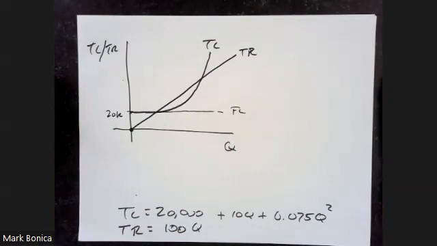So we know it's starting well below, because I've got to sell 200 in order to just cover the fixed costs, never mind the variable costs. But at some point, I'll catch up early on with the cost curve.